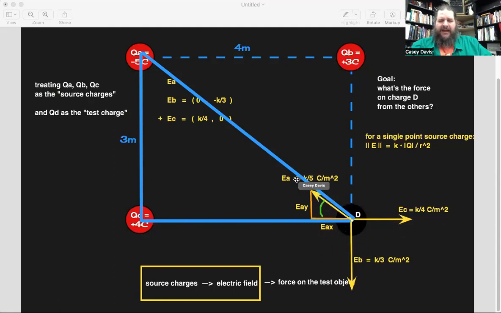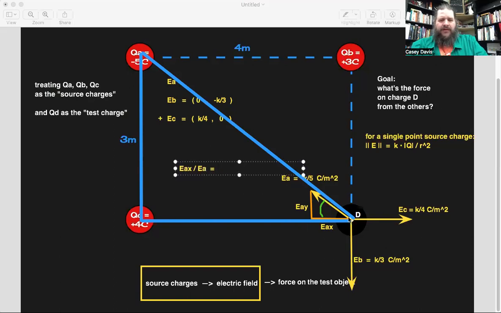We know EA, the hypotenuse, is k over 5. So we could say the ratio of EAX over the hypotenuse, EA, has to match the corresponding ratio in the larger distance triangle. The same longer side, the x component in this case, which is 4 meters, over the hypotenuse, which is 5 meters.